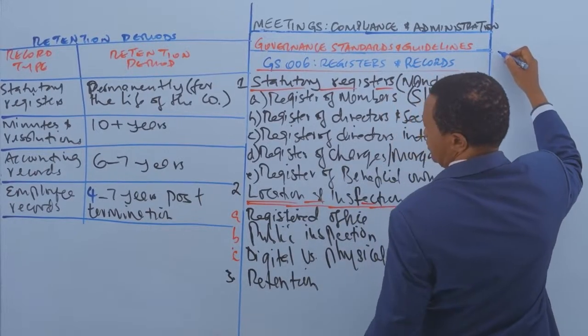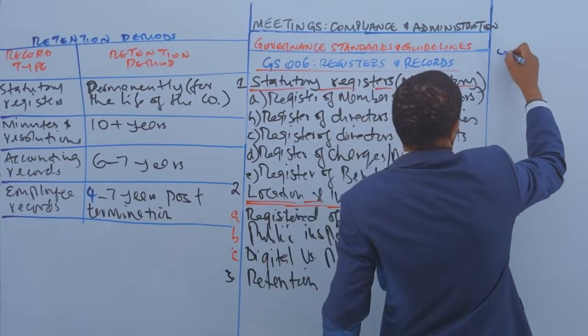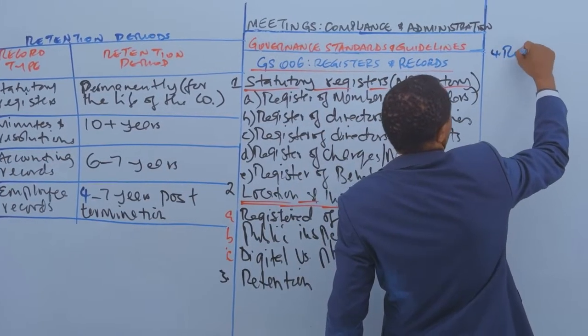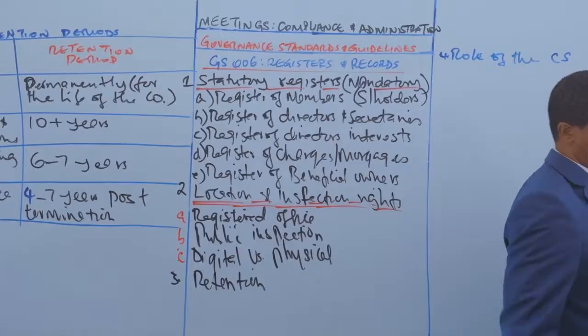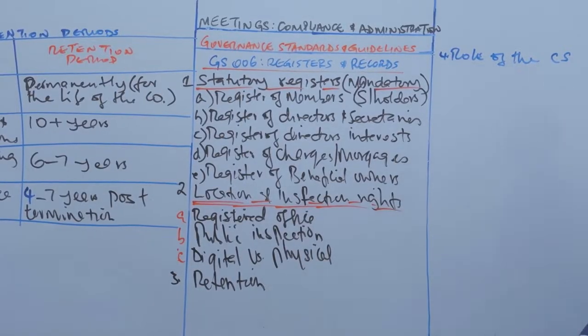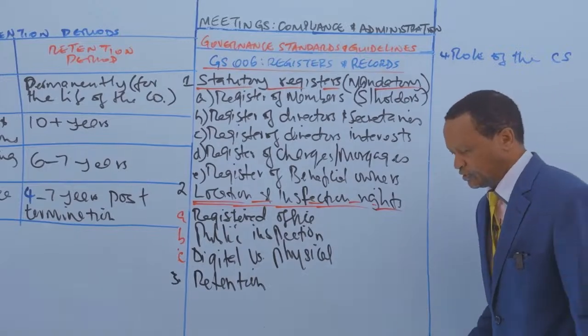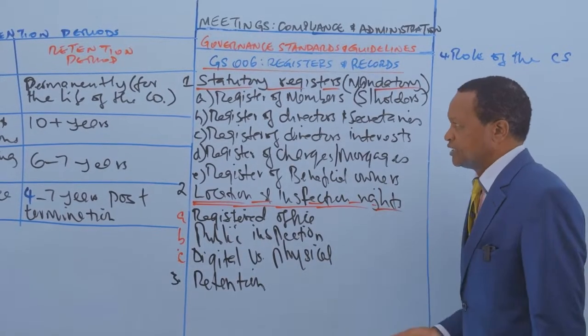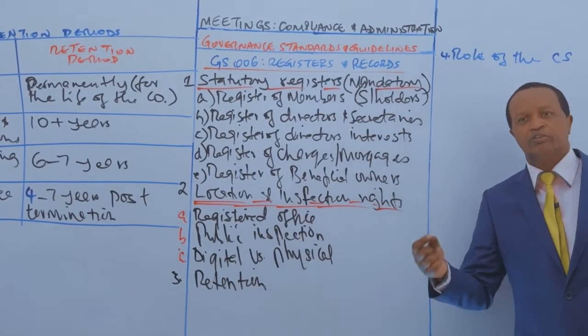Number 4, role of the corporate secretary in relation to the registers and records. Under GS 006, the company secretary is the custodian of corporate records.